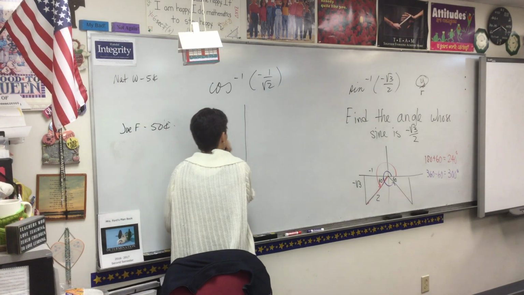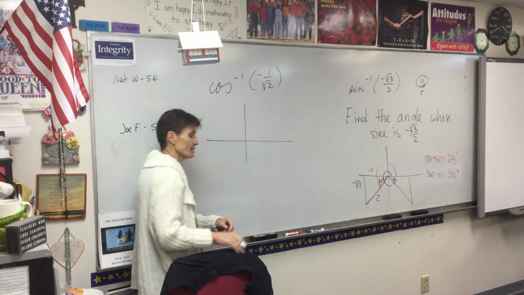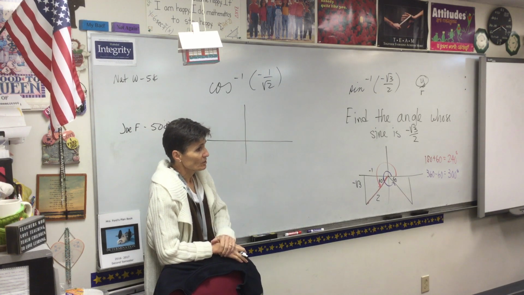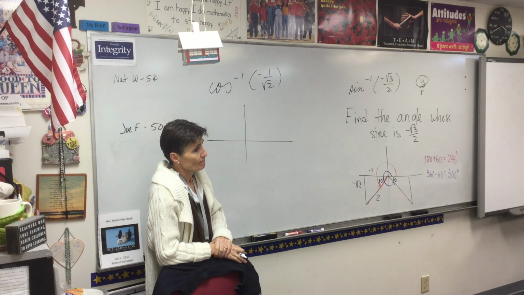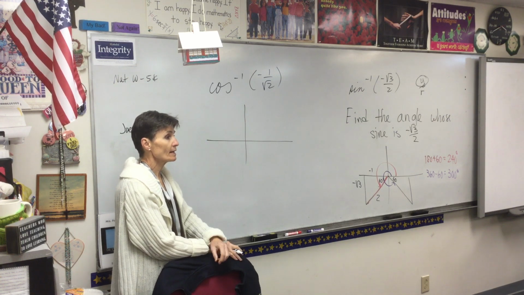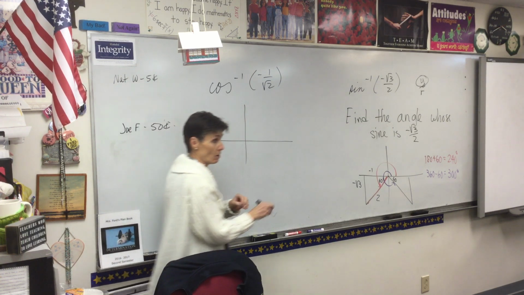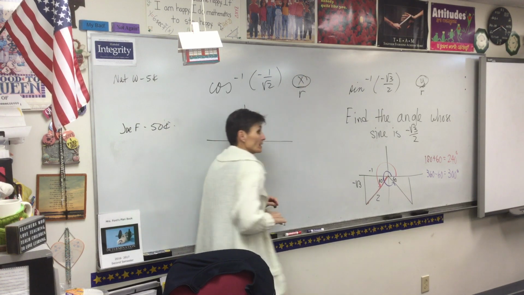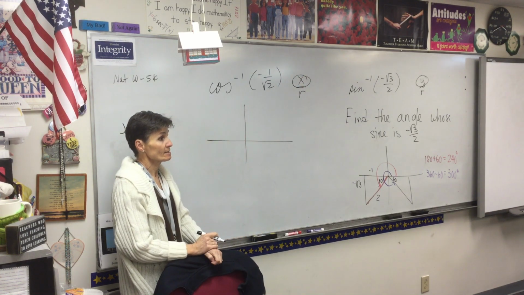Alright, so what's going through my head? Monica, you got anything going through your head about where I should draw my pictures? Okay, well, you got to think about what's cosine. Cosine is x over r. So if you want that negative, you got to look where x is negative.